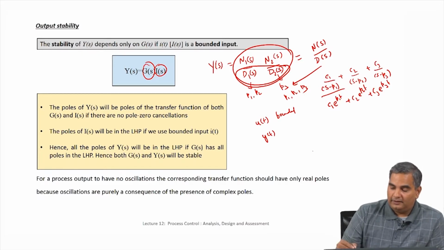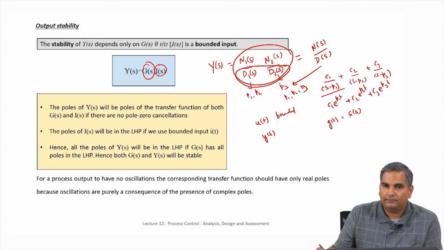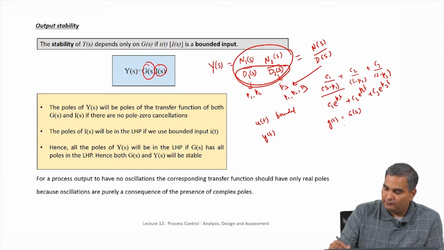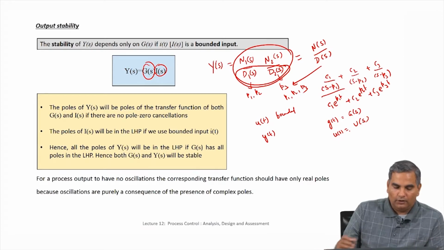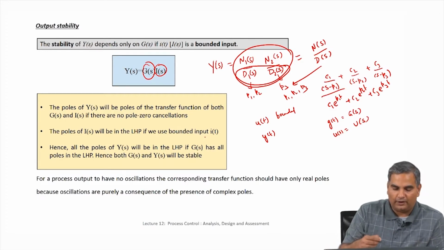Now, in the last slide we saw for g(t) to be bounded, we said G of s should have all the poles in the left half plane. Similarly, for u(t) to be bounded, U of s should have all the poles in its left half plane. So, if the poles of I of s or U of s are in the left half plane, then we call that a bounded u(t) or i(t).